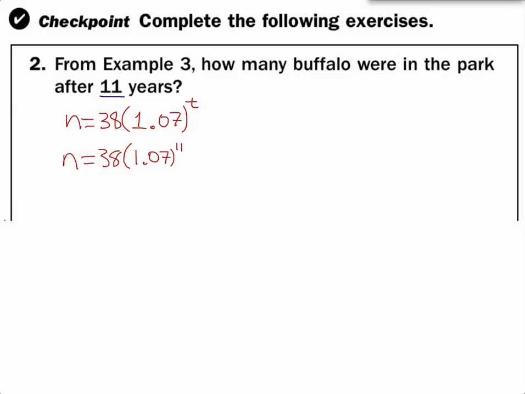If you evaluate that on your calculator, you'll get that N is approximately 80, give or take a piece of buffalo. But 80 to the nearest buffalo. That's our answer for that part of the checkpoint. Pretty fast there. You had a formula already established, plugging in one number, ready to move forward.